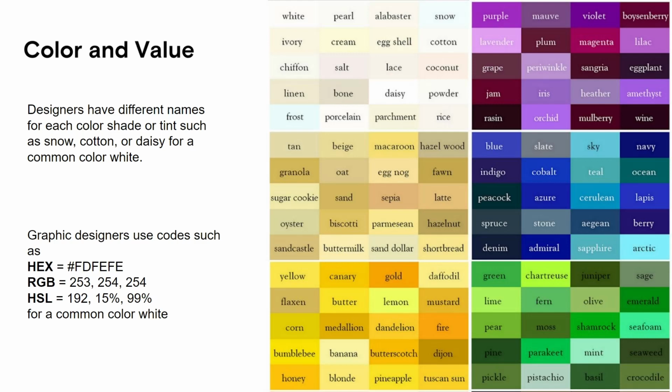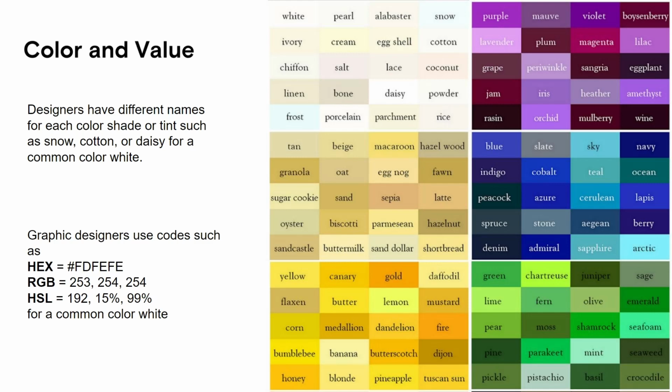Colors have different names for each color, shade or tint. This actually varies in every brand or any product that deals with color. In graphics, graphic designers use codes such as hex codes, RGB, HSL, and CMYK. There is also the use of Pantone colors, which derives from the art of categorizing color.